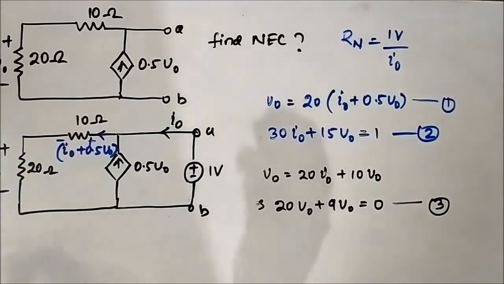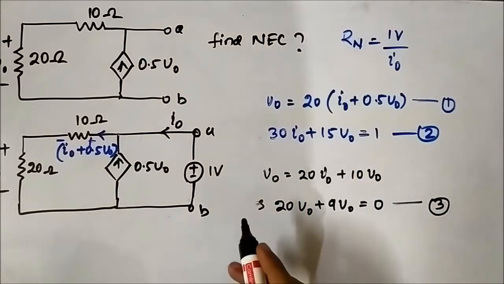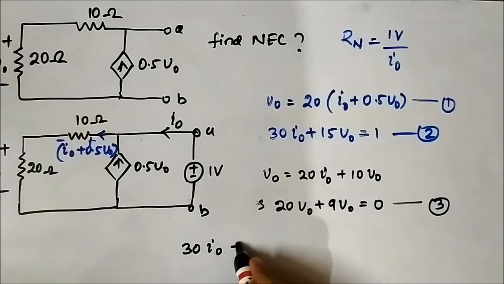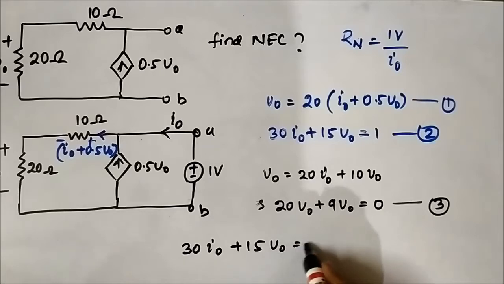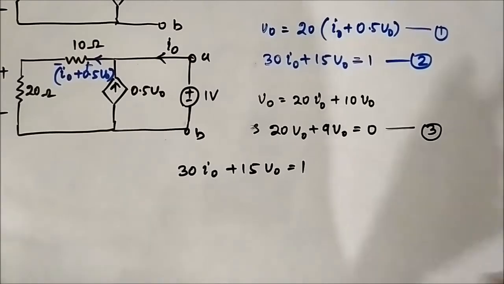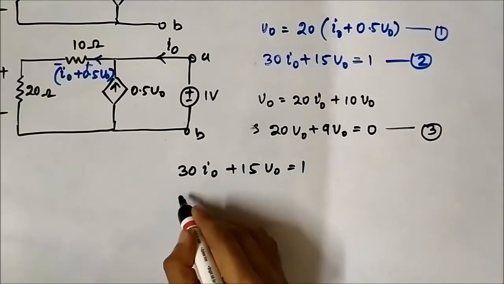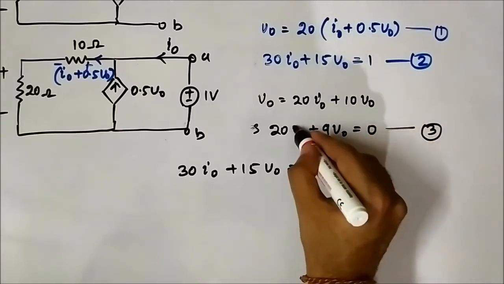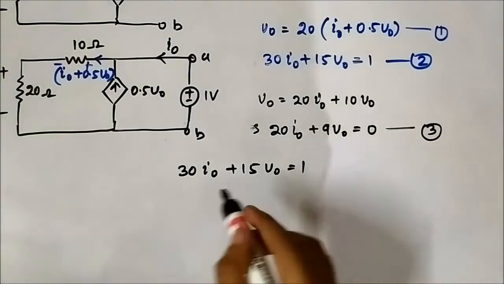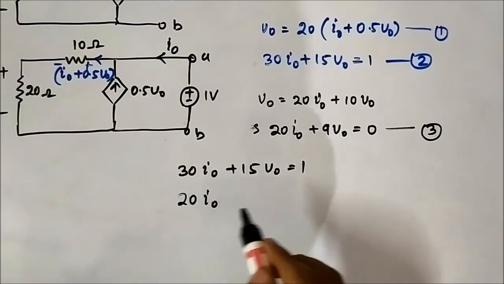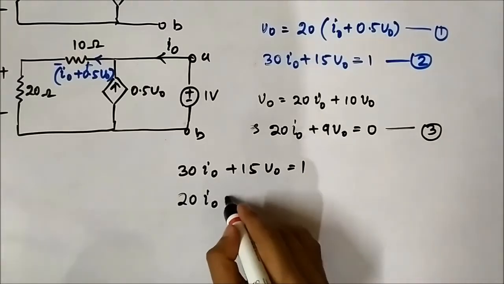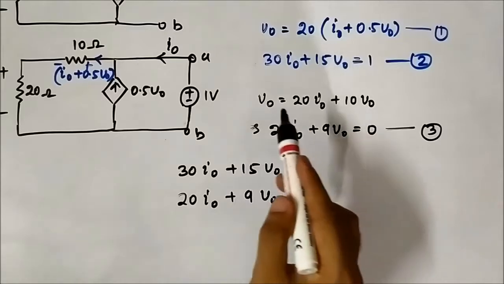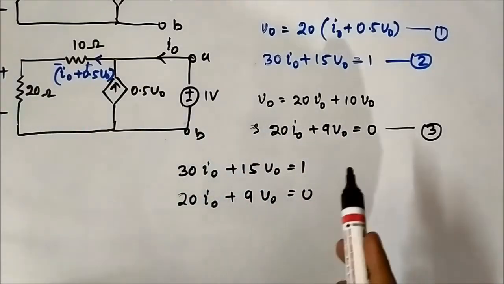First is 30 I0 plus 15 V0 is equal to 1, and then this is 20 I0, by mistake I wrote V0. So 20 I0 plus 9 V0 is equal to 0.